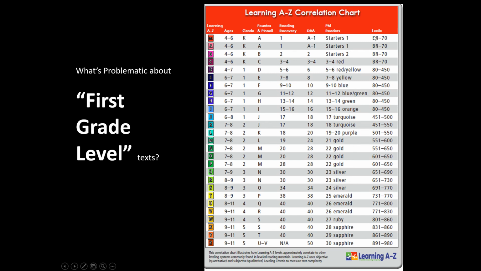If we were going to have a child in kindergarten, what kind of Lexile text would we want to get for that student? Well, remember, Fry talks about texts as grade level, so first grade. And the tricky thing about talking about first grade level text is any first grade teacher will tell you that when kids are in first grade, they're not reading one kind of text.